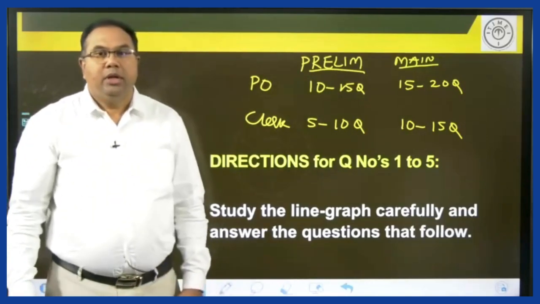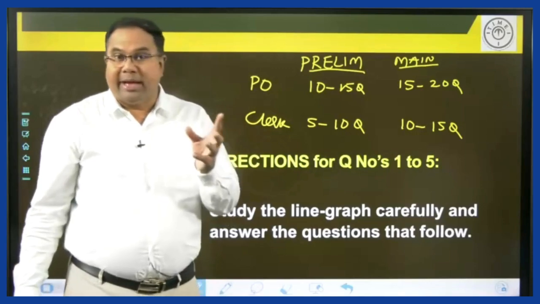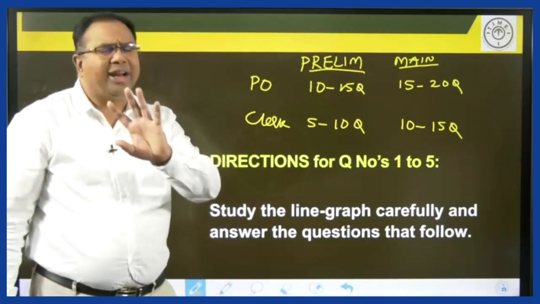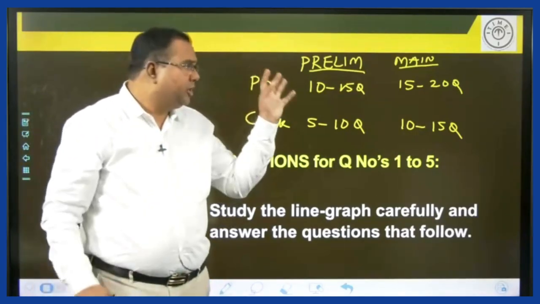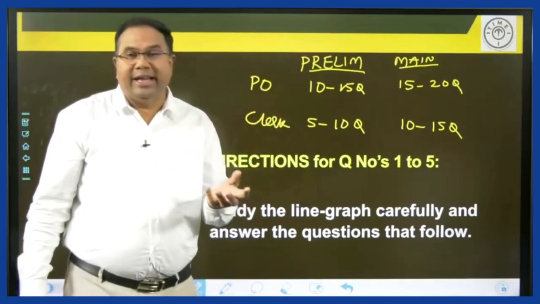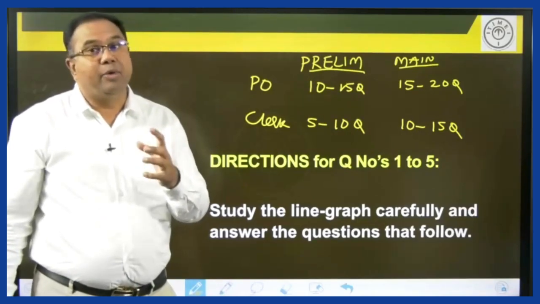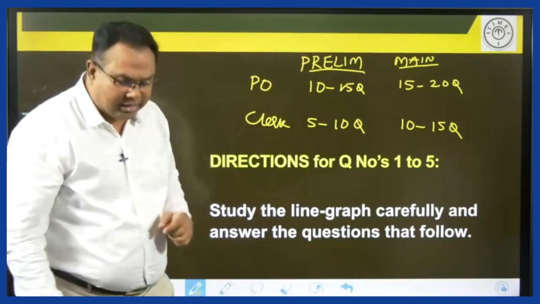Now, it may be IBPS PO, SBI PO, RRB PO or IBPS clerk, SBI clerk or RRB clerk. Broadly, I am giving you the range. These are the number of questions appearing from your data interpretation. So, definitely an important area as far as your PO exam or your clerk exam is concerned.